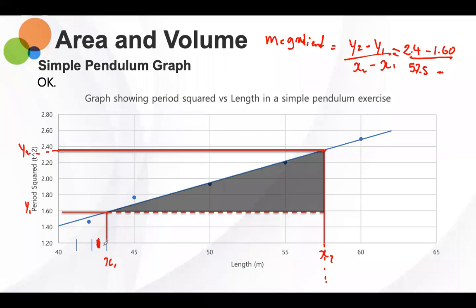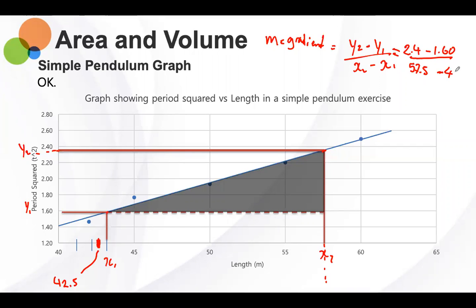This would be in the middle of 40 and 45, which is 42.5, and a little bit above that we have 43. So x1 is 43.